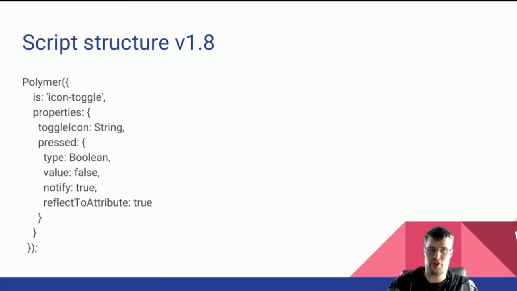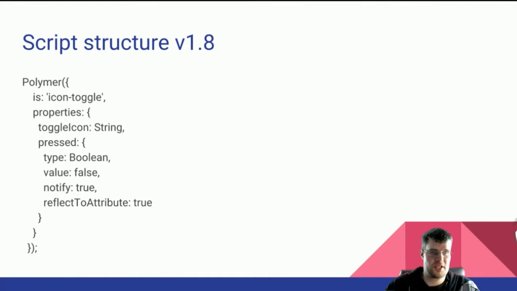This is a script for the 1.8 or 1-point-ish structure, and here we add the is property to say that this is an icon toggle, and that will connect to the DOM module that we saw earlier. So the is value of that component should be the same as the is value for this script, so they can find each other.